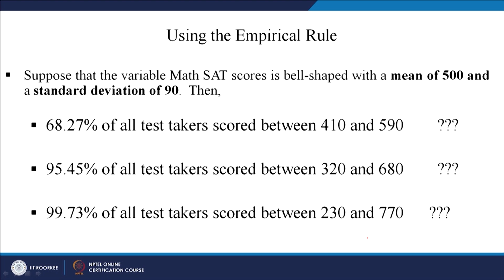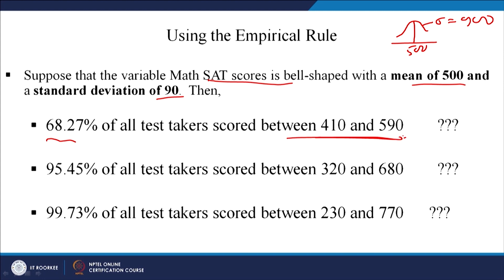Let us take one example wherein we have applied the empirical rule. Suppose that the variable math SAT score is bell shaped with a given mean and standard deviation. So, how would you draw this? This is your distribution, this is the mean 500 and this is your standard deviation 90. So, we will say that 68.27% of the test takers, those who have appeared in the test, would score between 410 and 590.